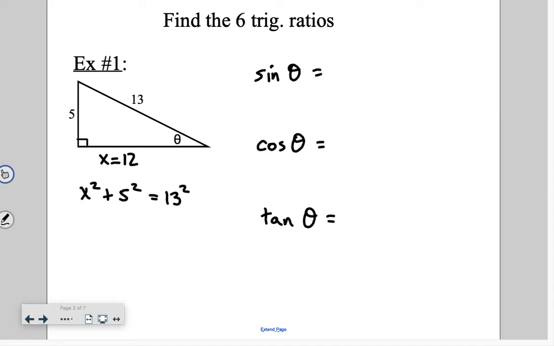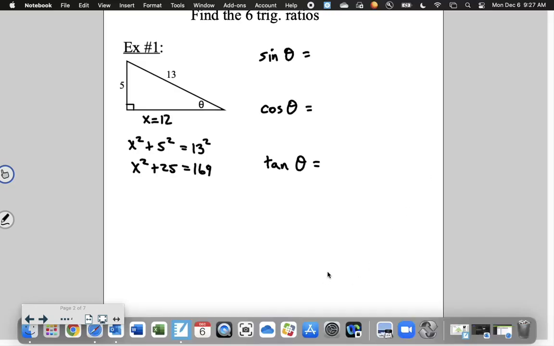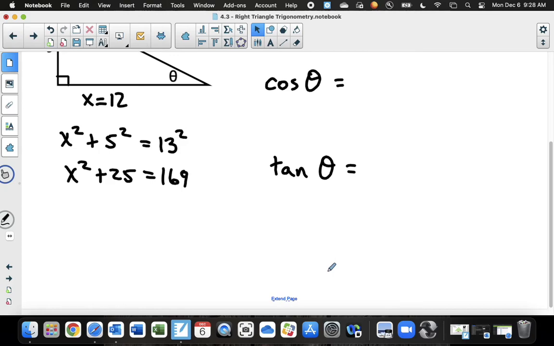Now we square everything out. So we've got x squared plus 25 equals 169. And now we solve. Subtract the 25 over. We get x squared equal to 144.